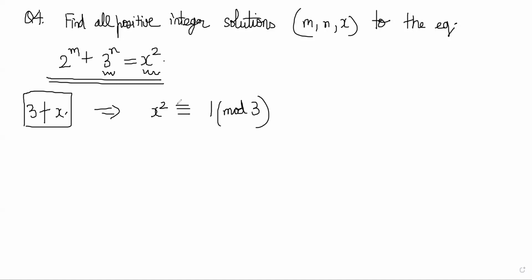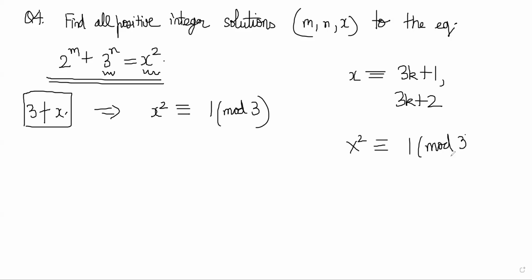Why? Because if 3 doesn't divide x, then x can only be either 3k plus 1 or 3k plus 2, right? In both the cases, when you square it, you will get that x square will become 1 mod 3. You can check that yourself.